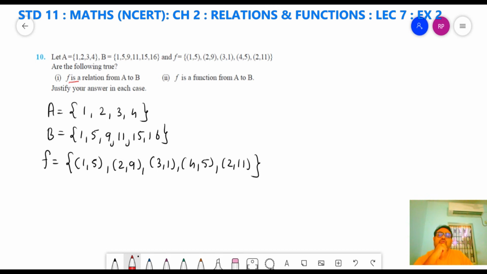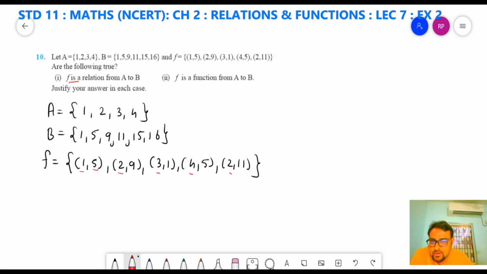Okay, now see, for a relation from A to B in the ordered pair, the first element must be from A. Clear? So in this ordered pair F, the first element 1 belongs to A, 2 belongs to A, 3 belongs to A, 4 belongs to A, 2 belongs to A, right? And the image must be belonging to codomain.